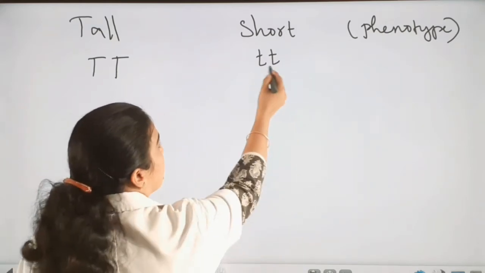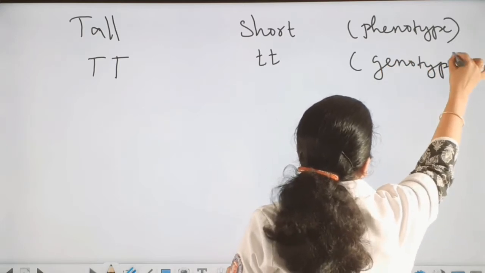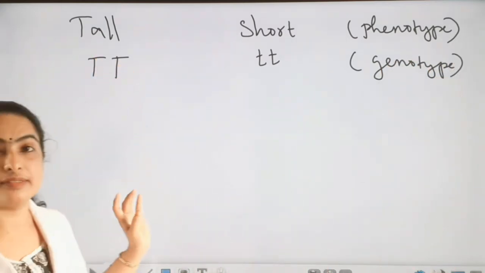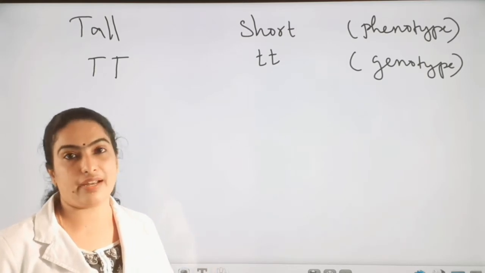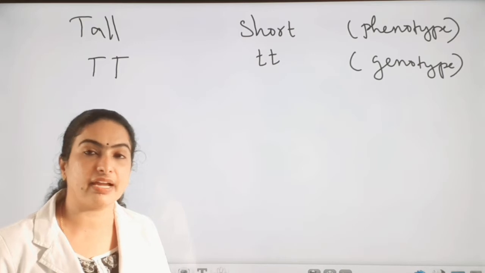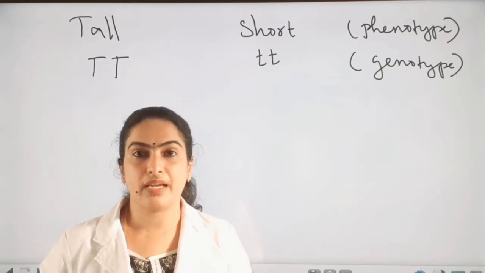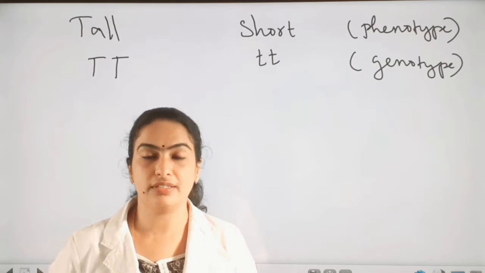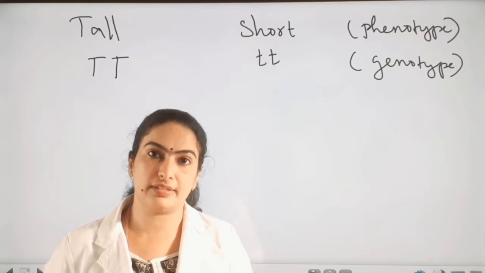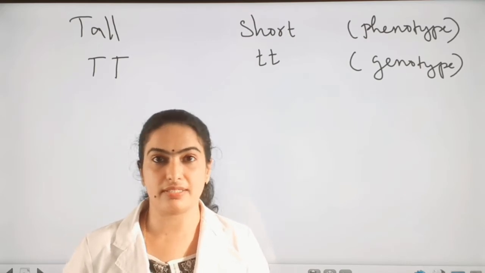Why did he give capital T to the tall character? Because the tall character is the dominant character in the first generation. That's why he gave capital letters to the dominant tall character, and for the recessive character, he gave small letters.